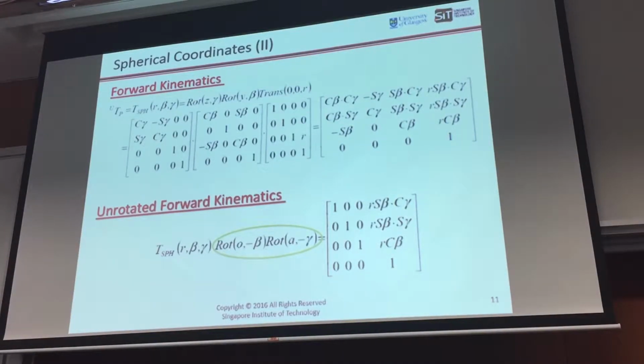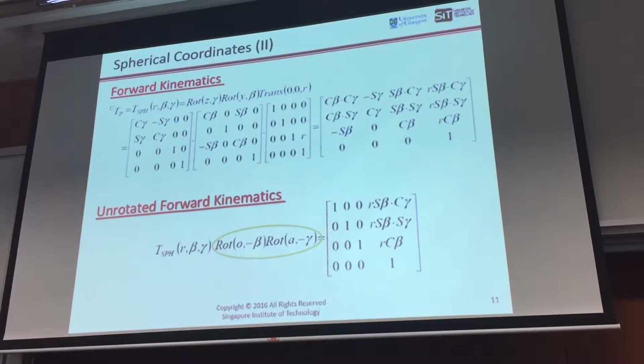Once you know this, then you can start to find your, okay, sorry, this is one. The other one is R cosine beta is your Pz. Once you find your gamma, you can reduce these equations. So R sine beta will be Px over cos gamma. Okay.